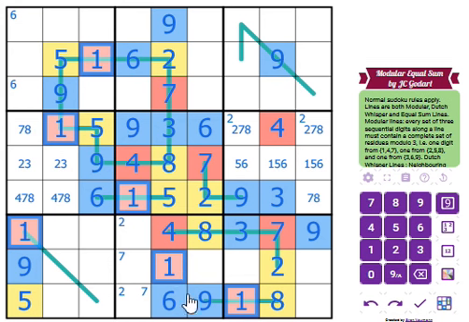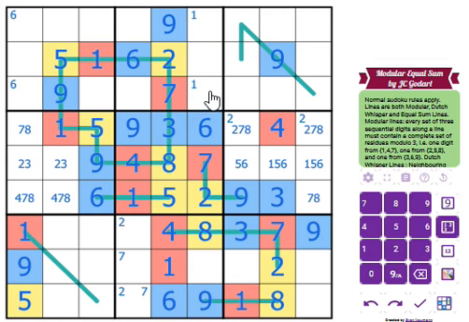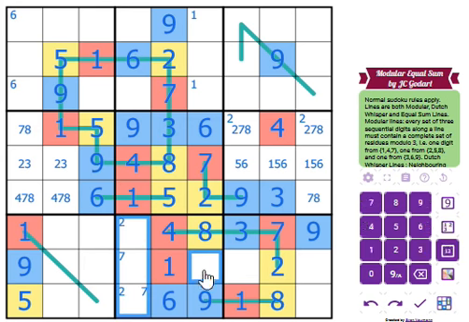So for the 1s, there's a 1 here. So let's check here. What are we missing? 1, 7. So 7 doesn't go here, but 2 and 5 and 3.